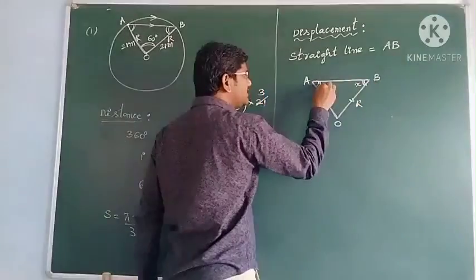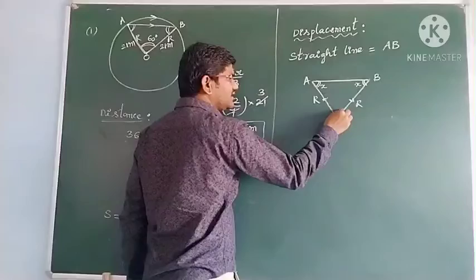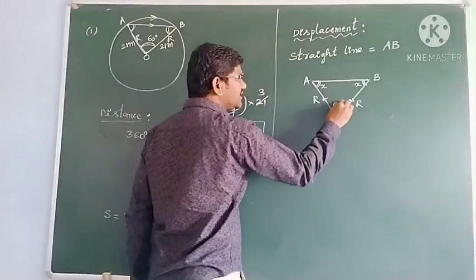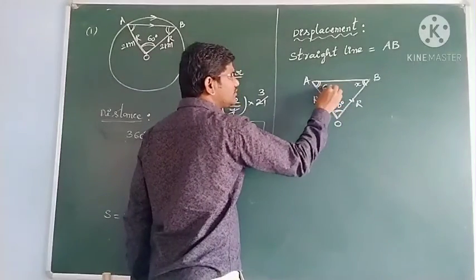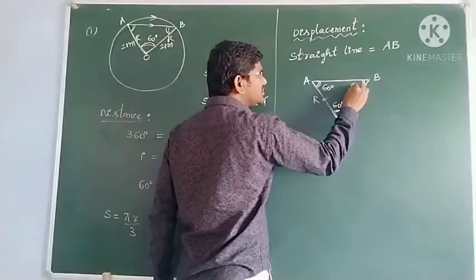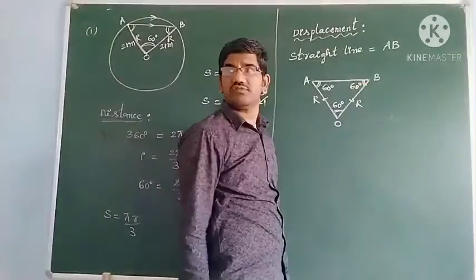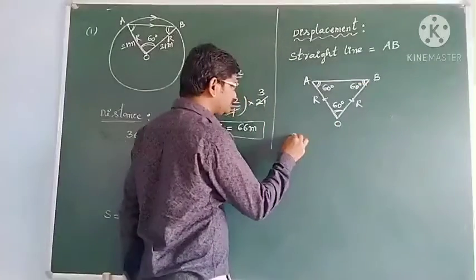If this is X, this is also X, and this is already 60 degrees. Then this also is 60 degrees, so it will be an equilateral triangle.